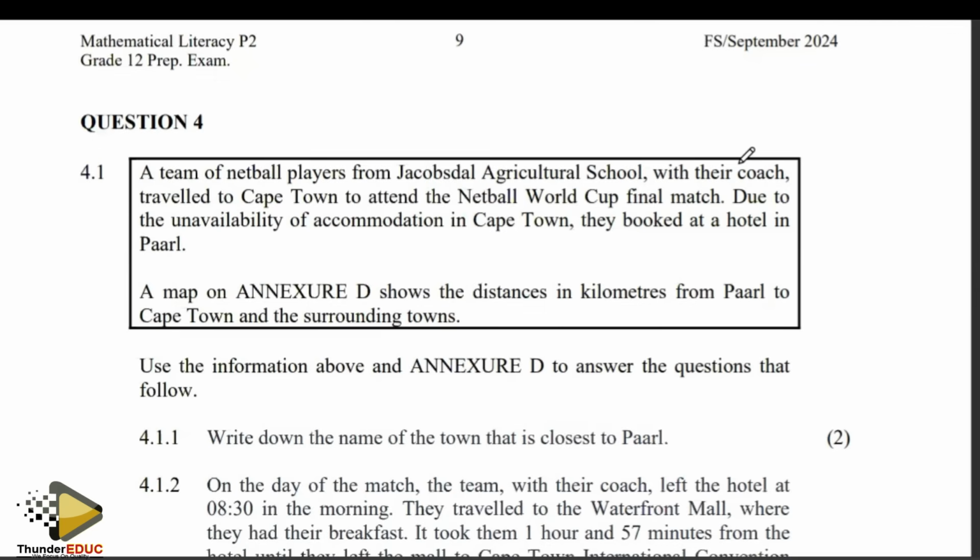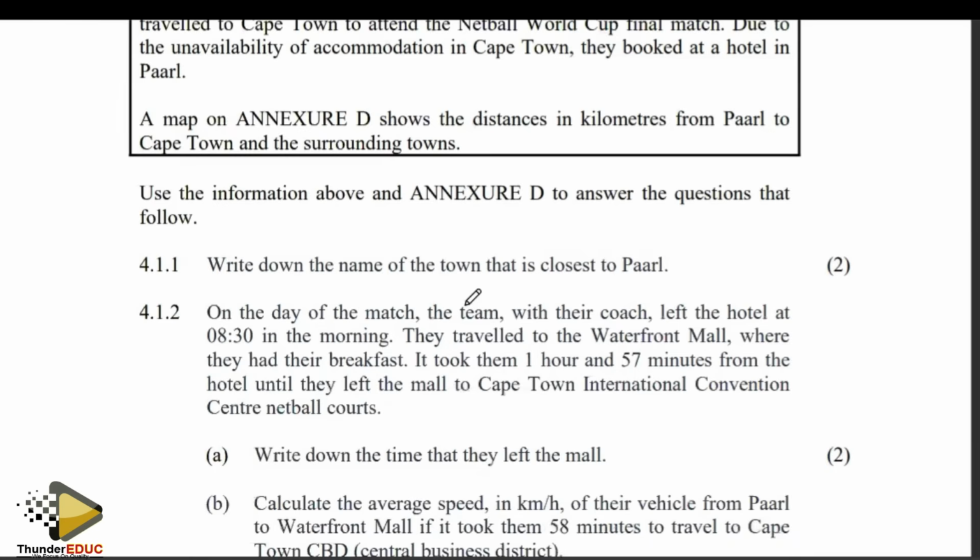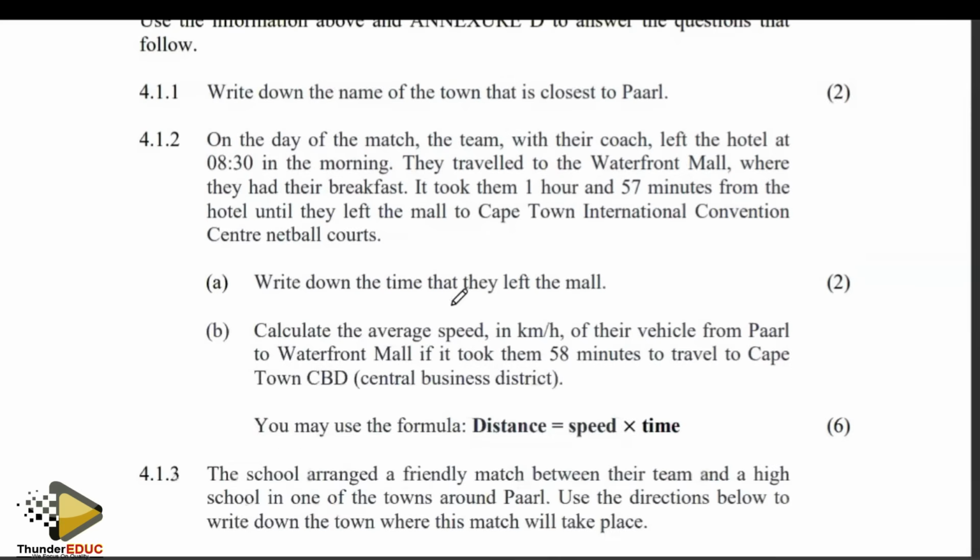Due to the unavailability of accommodation in Cape Town, they booked a hotel in Pearl. A map on an extra day shows the distance in kilometers from Pearl to Cape Town and surrounding towns. Use the information above and the map to answer questions that follow.